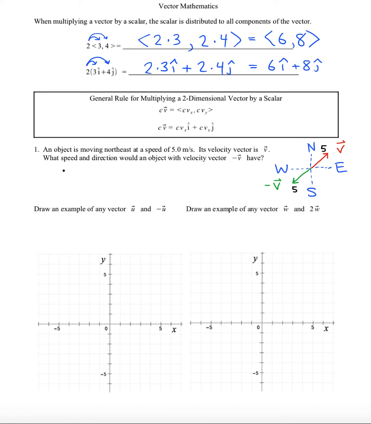So negative v points southwest and the speed is also 5 meters per second.